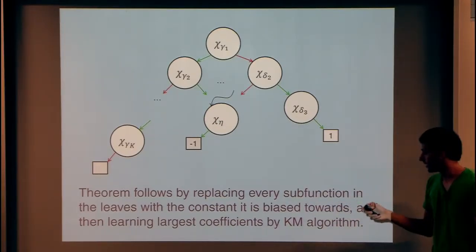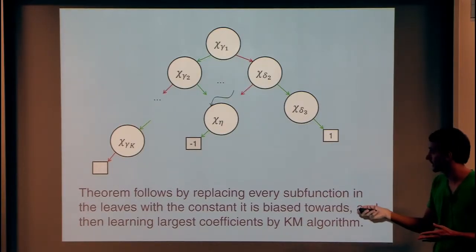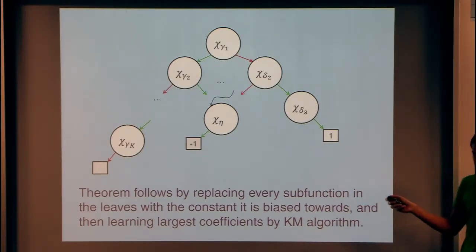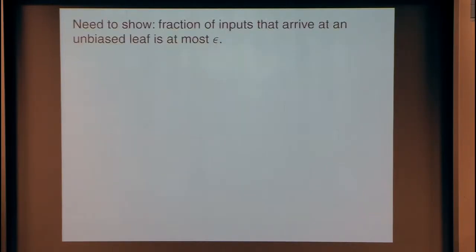So my only hope to save the day is claiming that not many inputs arrive at these leaves. Maybe half of the inputs which arrive here are incorrect, but what I claim is that there aren't that many inputs which arrive there to begin with. That's what we need to show.